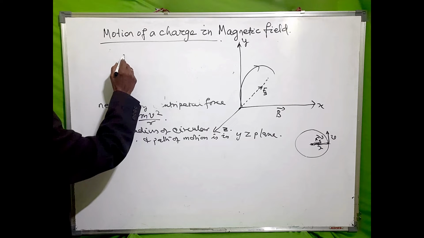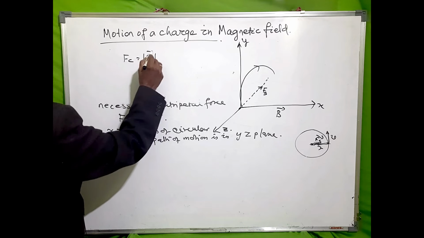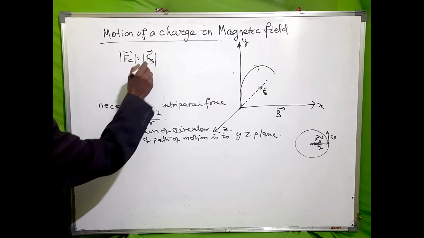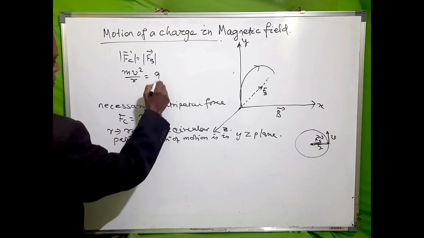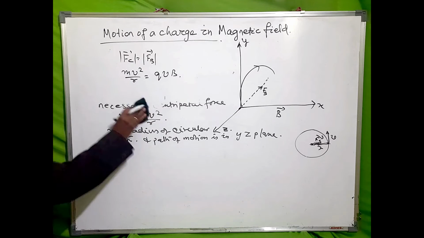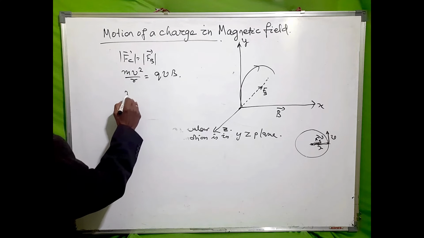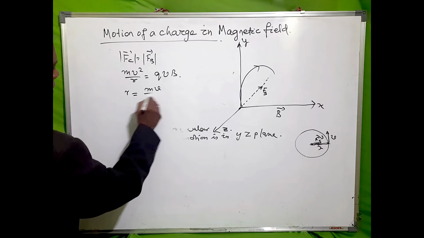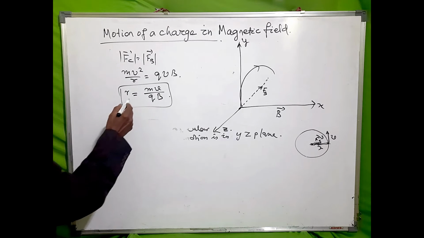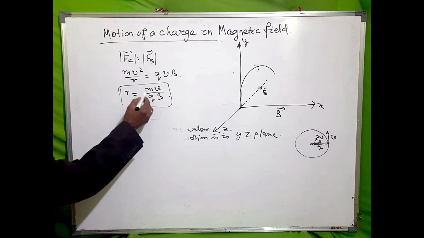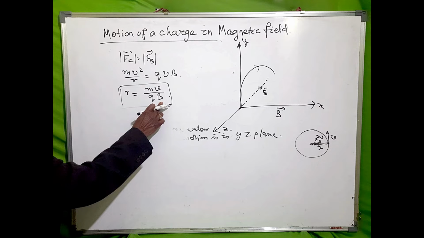Now the magnitude of Fc is obtained from the magnitude of the force in magnetic field, or m v square by r is equal to q v B. Or r is equal to m v by q B. So here we find one thing, that if velocity is more, momentum is more, and charge is a constant, magnetic field is a constant.